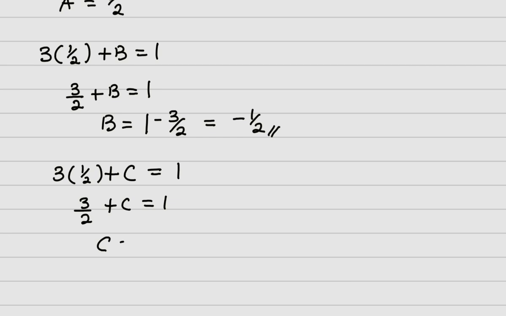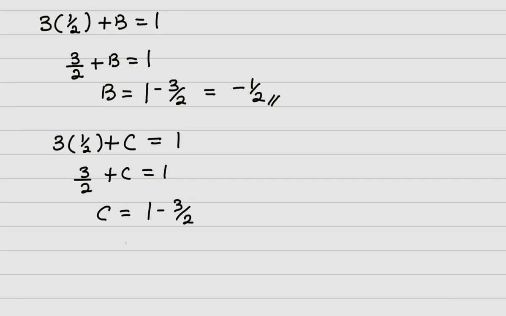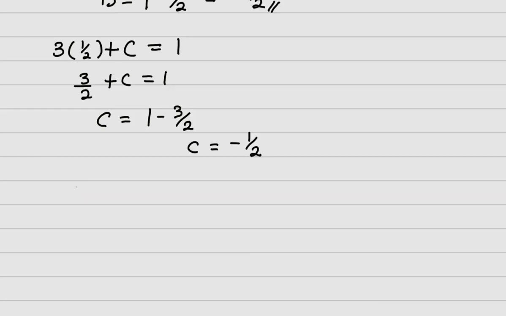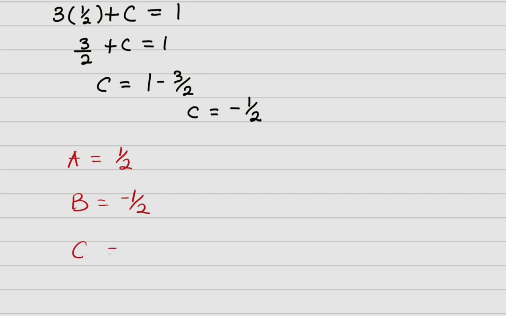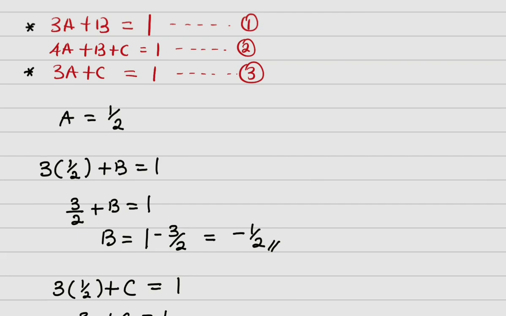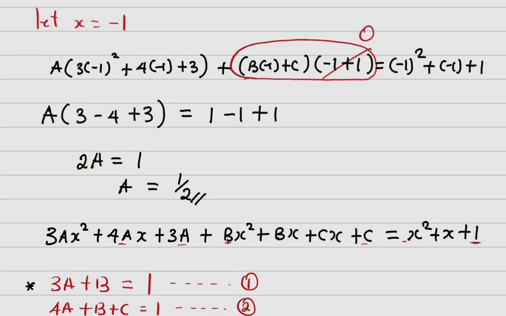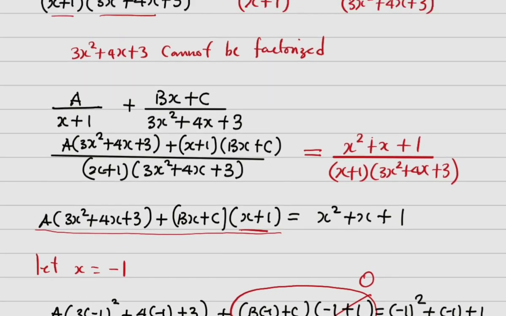So moving it, my c will be equals to 1 minus 3 by 2. So therefore, my c will be equals to minus 1 over 2 equally. So in summary, my a is 1 over 2, my b is minus 1 over 2, and my c is minus 1 over 2. Now recall, this is the expression for our partial fraction.